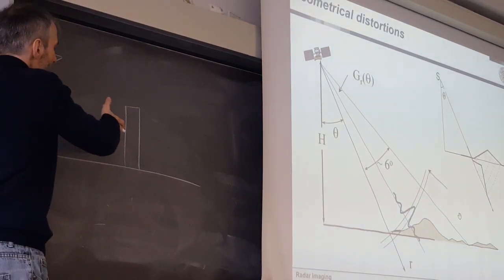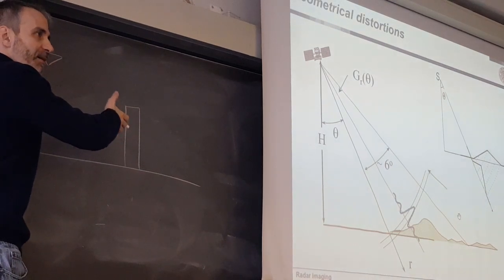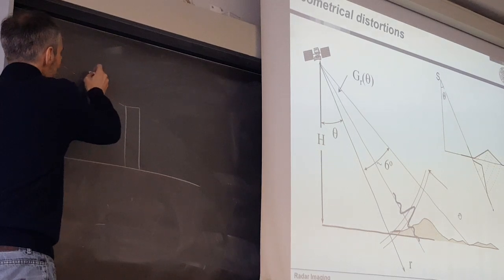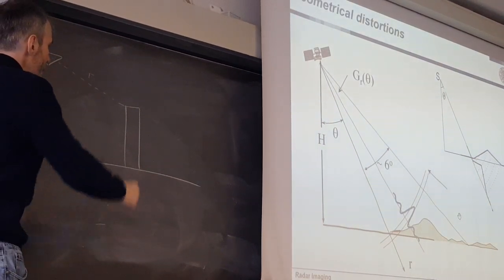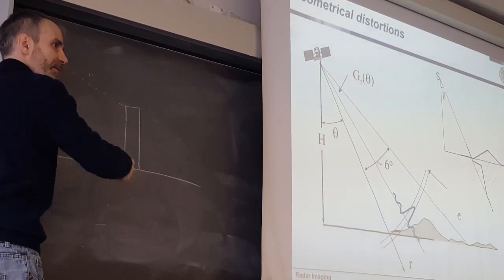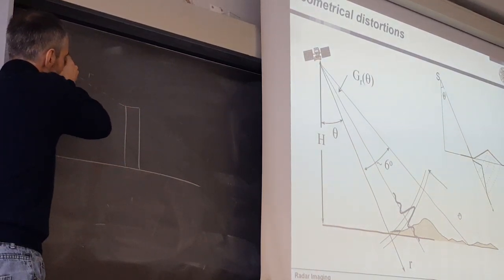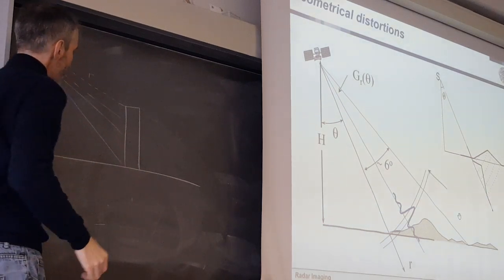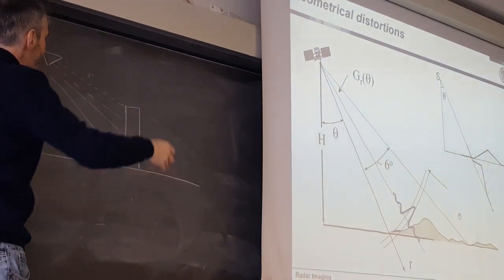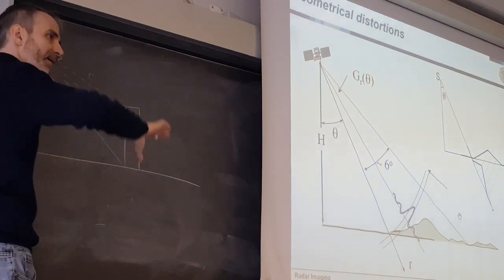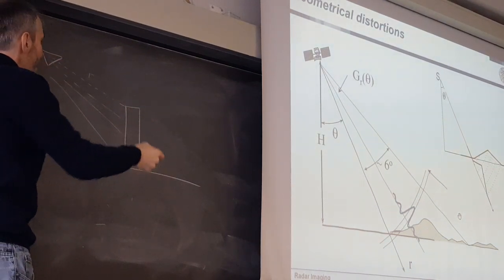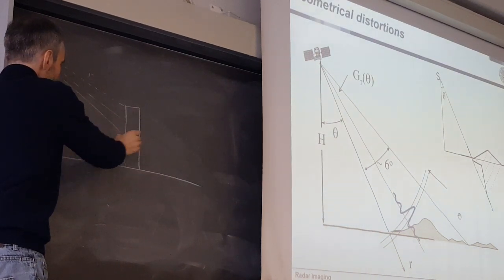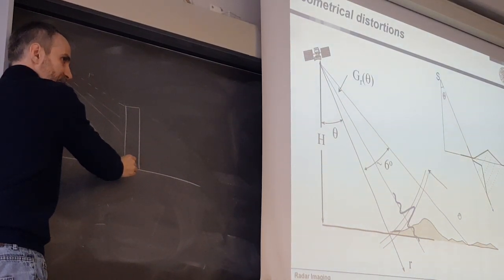How will this building appear in your SAR image? Well, this is the closest point, so this is the point which will appear first, and then you have all these other points. So in the SAR image, this building will appear upside down, because first you have the roof, and then you have the base, right?